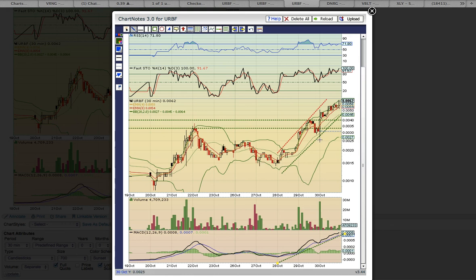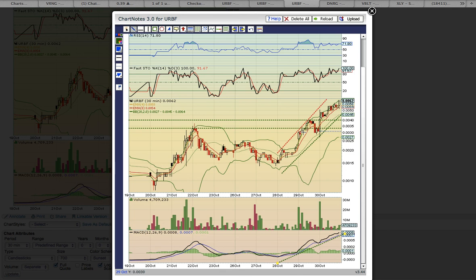What you want to look for on a pullback is this 0.004 level, if the middle Bollinger Band breaks. That was the high here on the 29th. It closed a little bit above that, but that is the key level, 0.0040, if the middle Bollinger Band breaks.